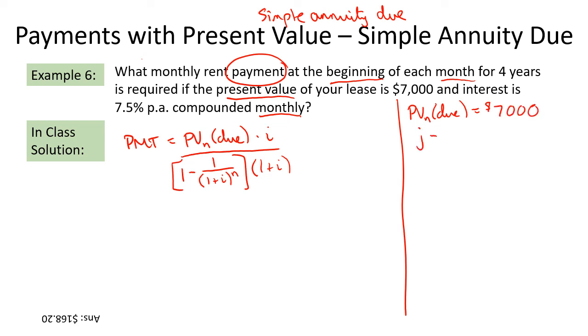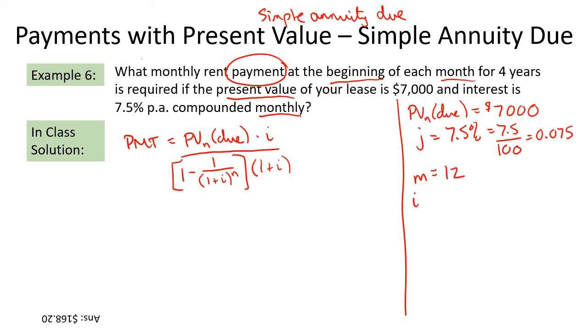Your nominal interest rate, J, is 7.5%, which is 7.5 divided by 100, removing the percentage sign, or 0.075. Your payments are monthly, all right? So your number of annual interest compounding frequency is also monthly. So your value of M is 12.